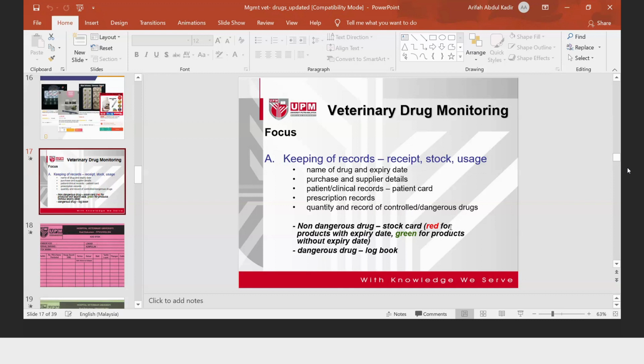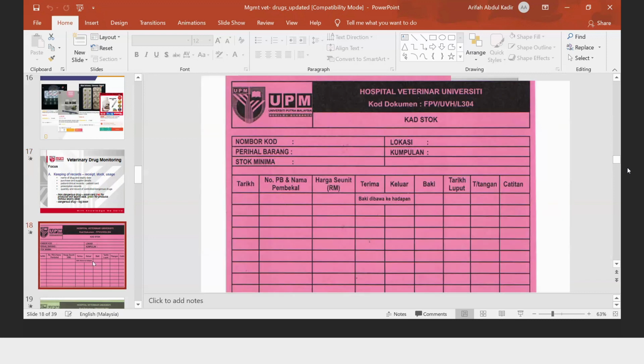This stock card is for products with expiry date, whereas we have the green card for products without expiry date, for example cotton, which means not critical. The ones with expiry date are critical. And for dangerous drugs, we have a special logbook.